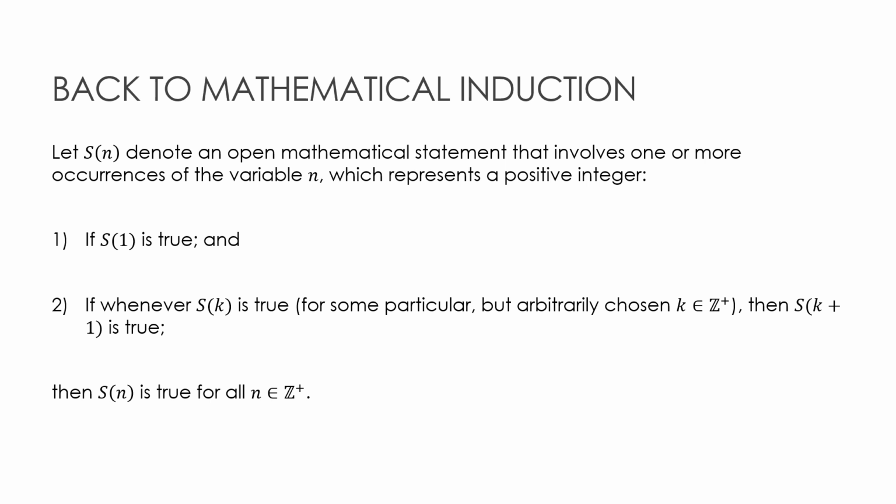S of n is going to be some statement that involves one or more occurrences of the variable n, which represents a positive integer. So n is some positive integer.